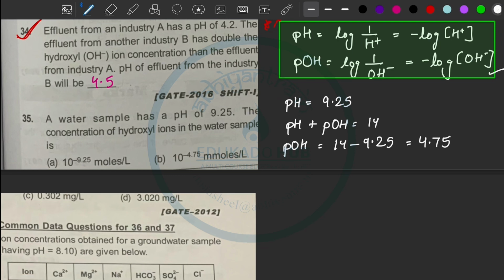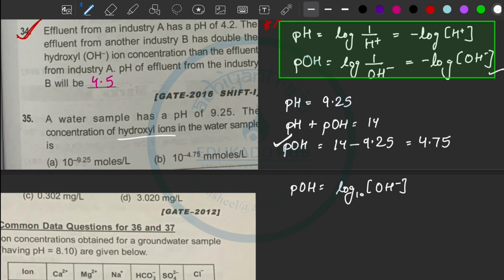Now we want to know the concentration of hydroxyl ion. We got pOH, and pOH is nothing but minus log base 10 of the OH minus concentration.